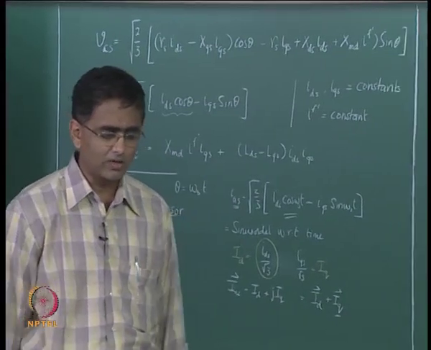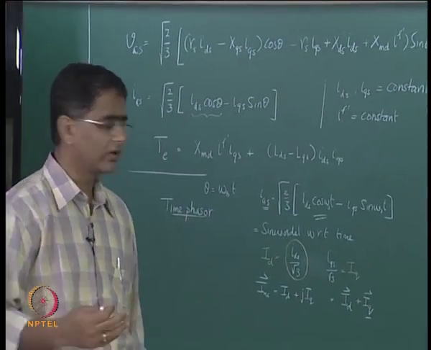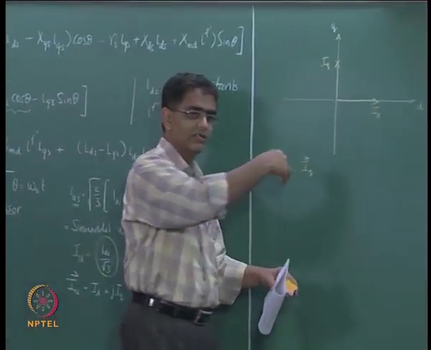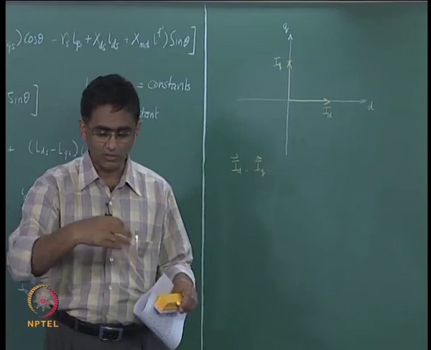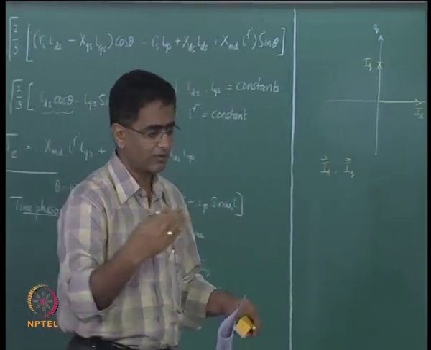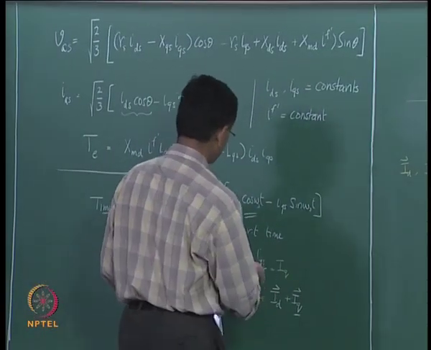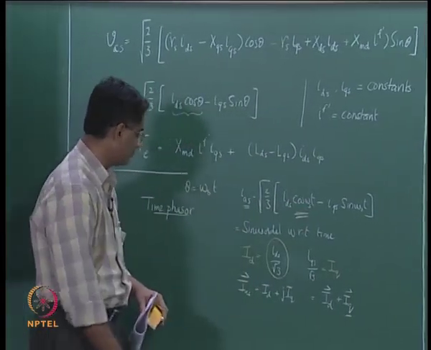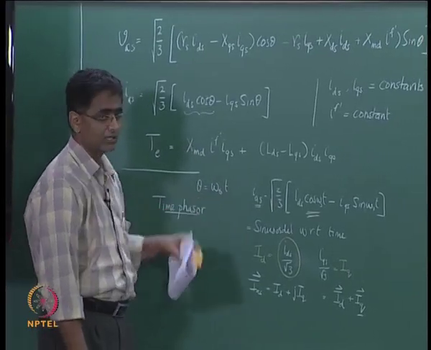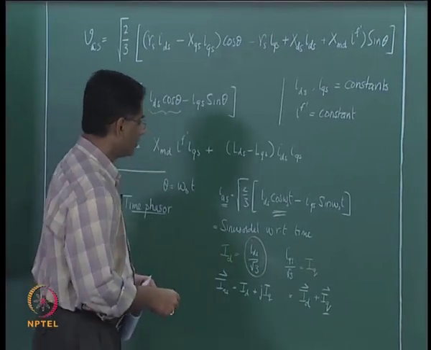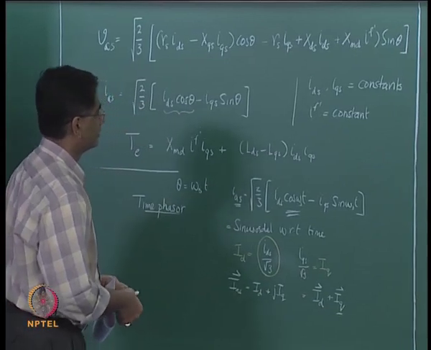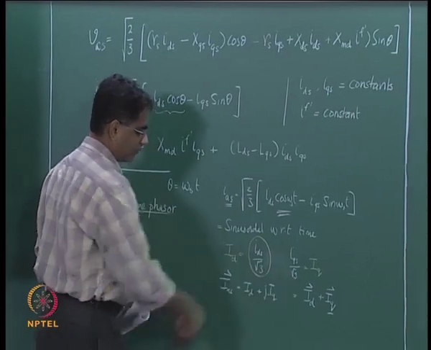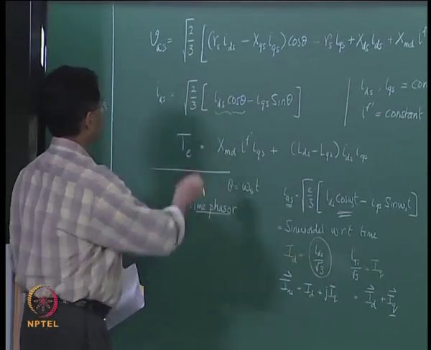One can however give it a space phasor orientation because the dq axis itself is rotating synchronously along with the rotor, but nevertheless, since there is a variation with respect to time, we are looking at it as a time phasor. So having written this, that IA is the phasor sum of ID and IQ, we will now go back to look at this expression itself.